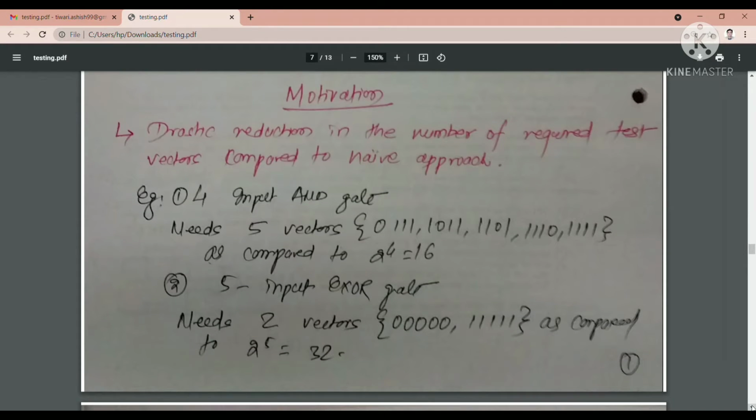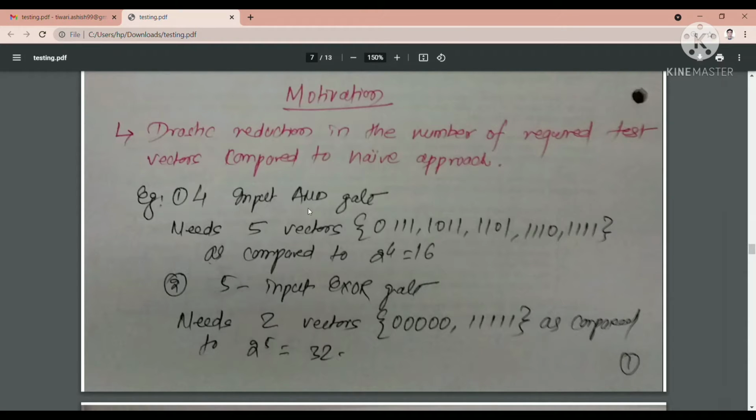Now, what is the motivation behind test pattern generation? A drastic reduction in the number of required test vectors compared to the naive approach. So compared to the approach that is not advanced, or at the initial stage, or the conventional approach, the test vectors are very small in number. How can we see that here?